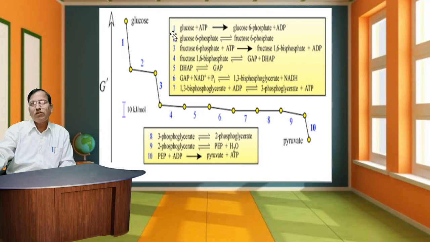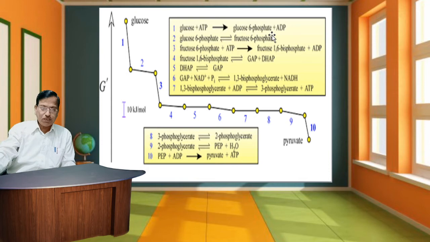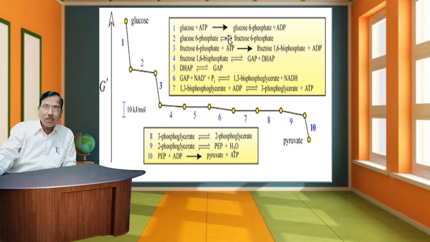As we already discussed in the first slide of the lecture, in the first stage glucose plus ATP, adenosine triphosphate, is converted into glucose 6-phosphate plus ADP. The specific enzyme used is hexokinase. In the second step, glucose 6-phosphate is converted into fructose 6-phosphate, a reversible reaction with the specific enzyme isomerase.